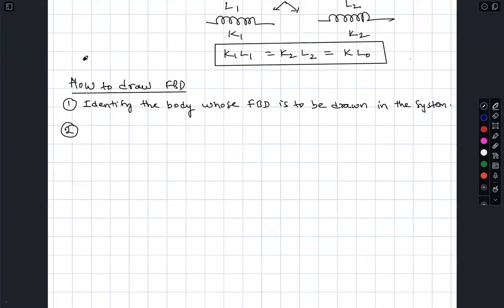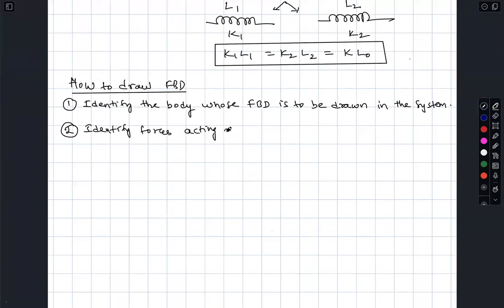Second thing, identify the forces acting on the body which you have identified.